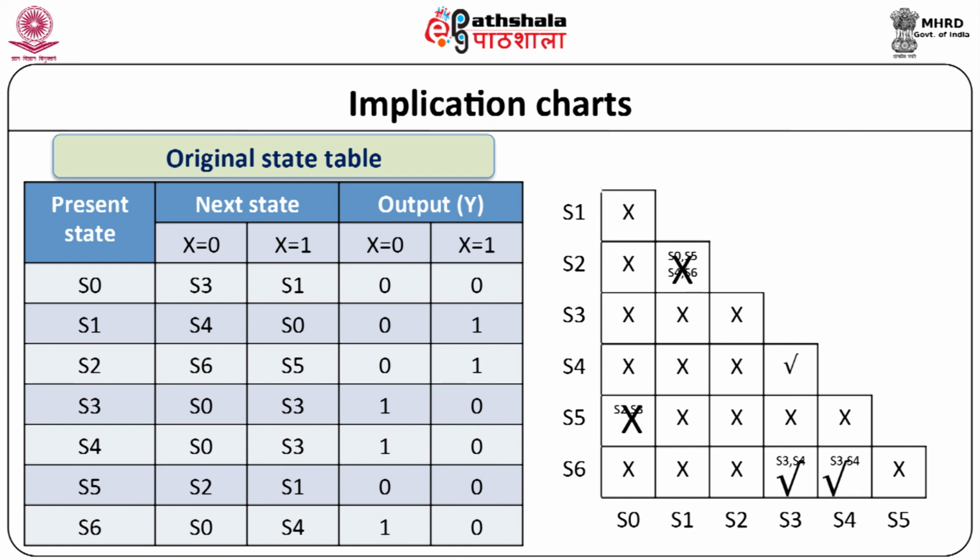The implied square S4 and S6 requires that the state pair S3, S4 must be equivalent. As the implied square S3, S4 is equivalent, hence put a correct tick mark on the square.